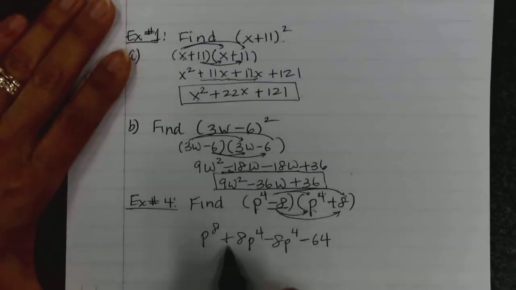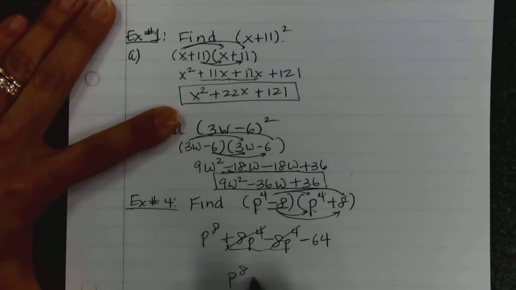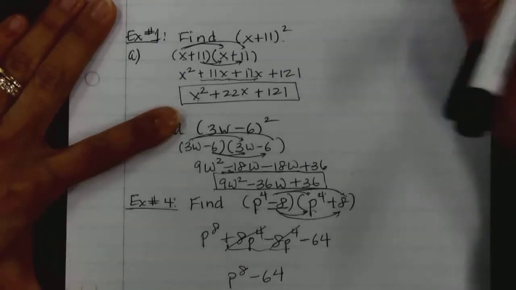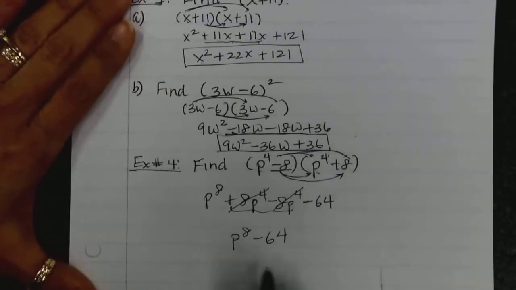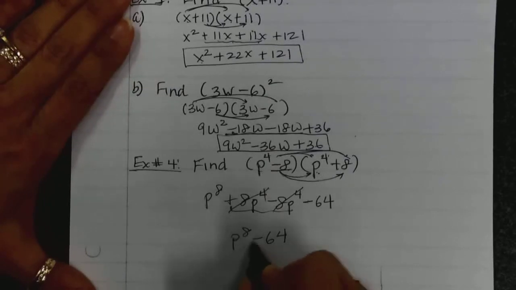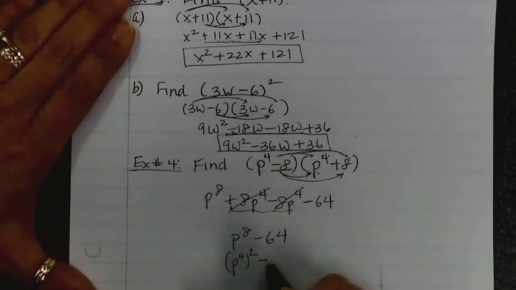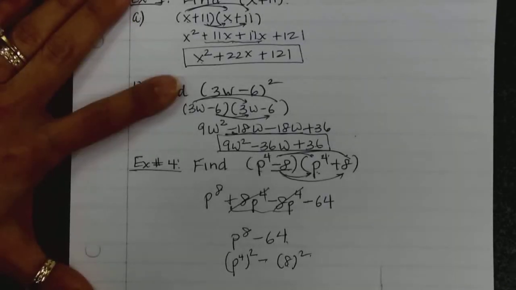If you notice, the middle terms cancel out, so it just becomes p to the 8th minus 64, and we call this the difference of squares because p to the 4th was squared, and this one, 8, is squared, because 8 squared is 64.